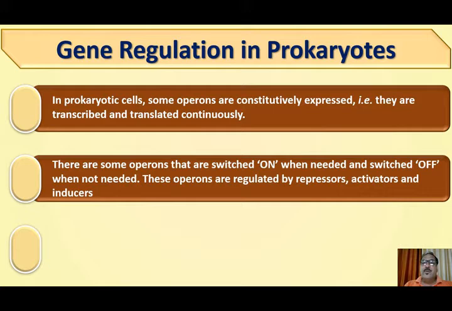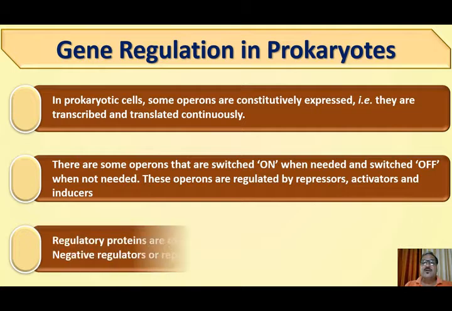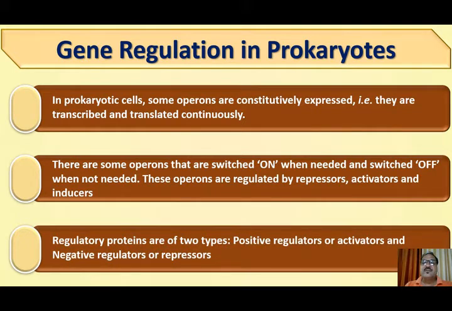Another type of operons are those which are expressed only when needed and are regulated by repressors, activators, and inducers. In this type of operon, genes are often controlled by extracellular signals.